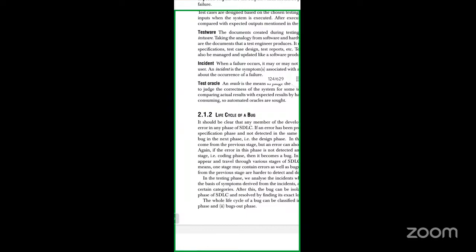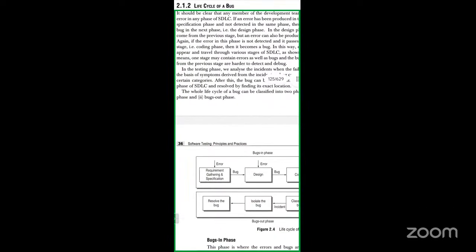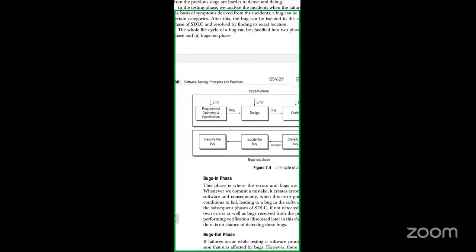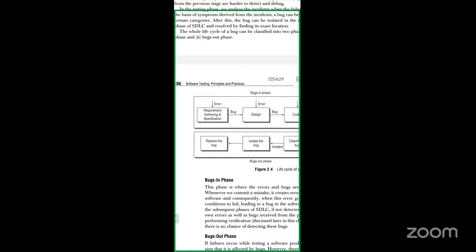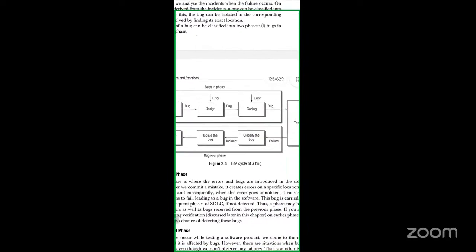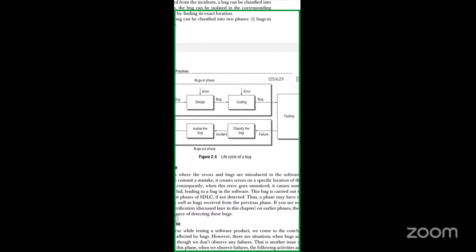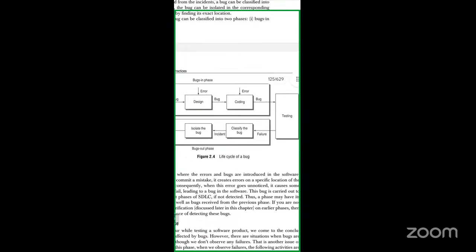Then we are having the life cycle of a bug. If you can see, the picture is going to give us the life cycle of a bug. It is going to have various phases, like requirements gathering and specification, design, coding, and then testing.